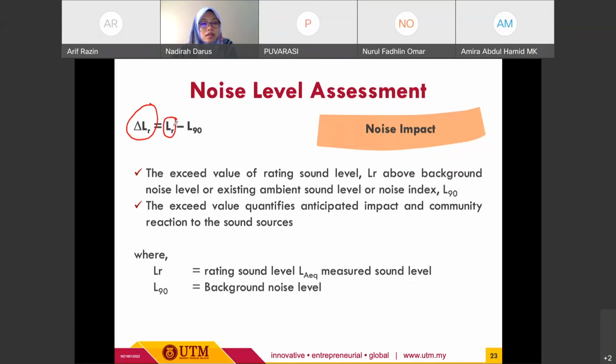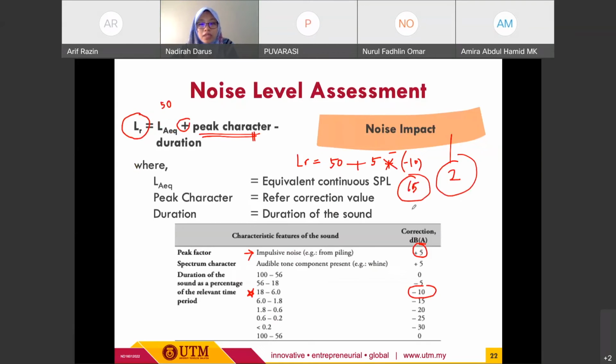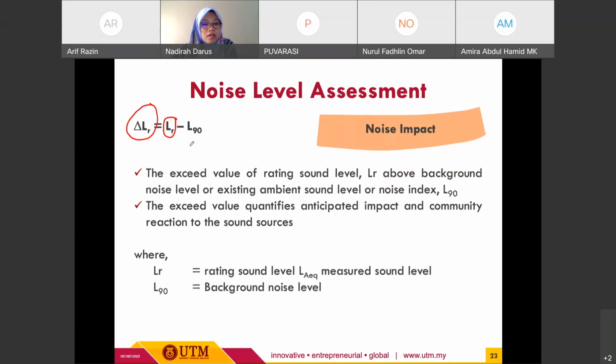Okay, LR kita dah measure di sini. For example, in this case, 65, right? 65 decibel. And then L90. Ada siapa-siapa ingat ke L90 ni apa? Ini kena ingat maksudnya at least senanglah untuk solve the calculation.